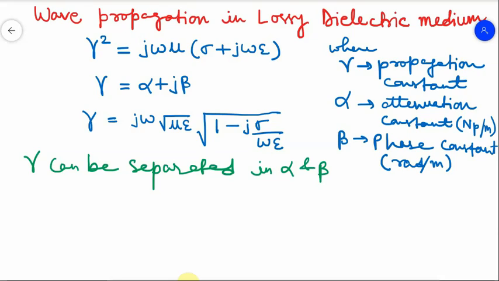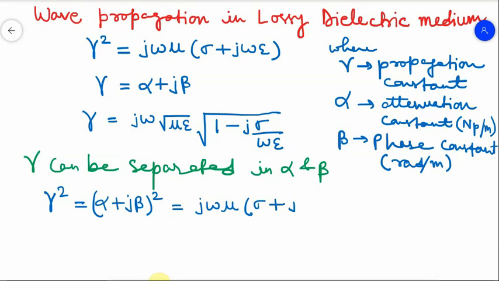So gamma square is equal to alpha plus j beta, the whole square. And this value is j omega mu sigma plus j omega epsilon, so we can write j omega mu into sigma plus j omega epsilon.